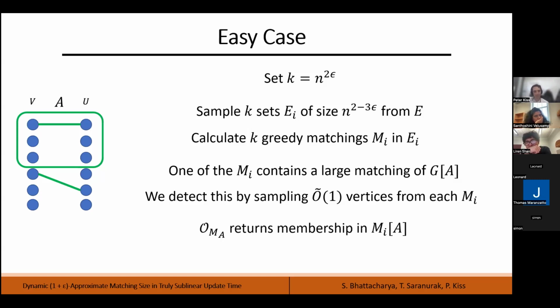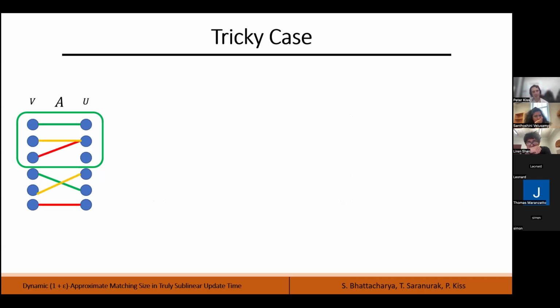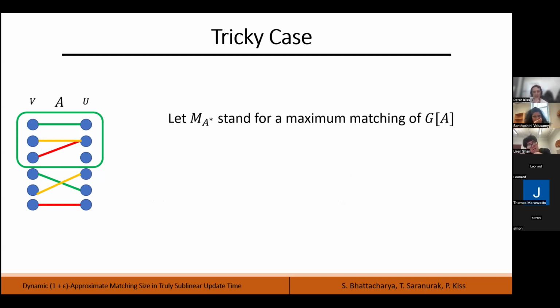Right. But unfortunately, this is something you can't expect to happen. So then I will describe the second case, which I will call the tricky case. I mean, I could have come up with a better name here. Now, let's fix a maximum matching, which we obviously don't know, inside of A, the black one.